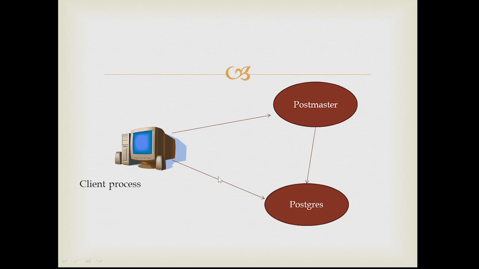This process keeps running, and as long as the client process is running, this process will be there. When the client stops and disconnects, this process will be gone. If there are 3 users, there will be 3 processes for them.